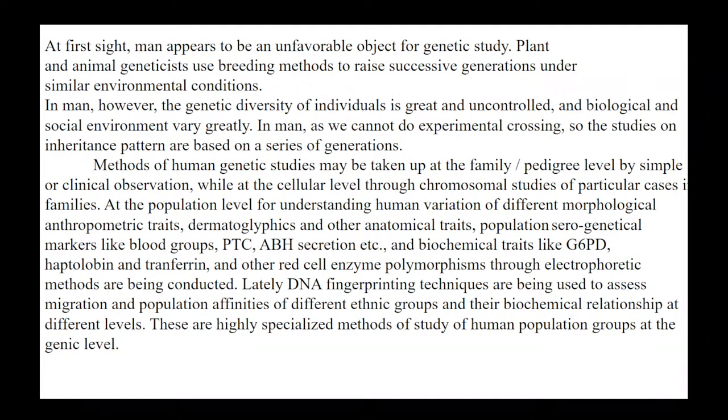So all these features make studying human inheritance very difficult. People have a large number of chromosomes and a large number of genes. In the human genotype, in the human genome, we can find nearly 40,000 genes.